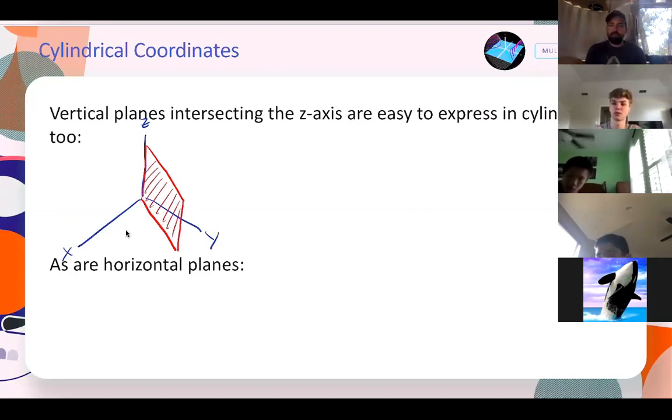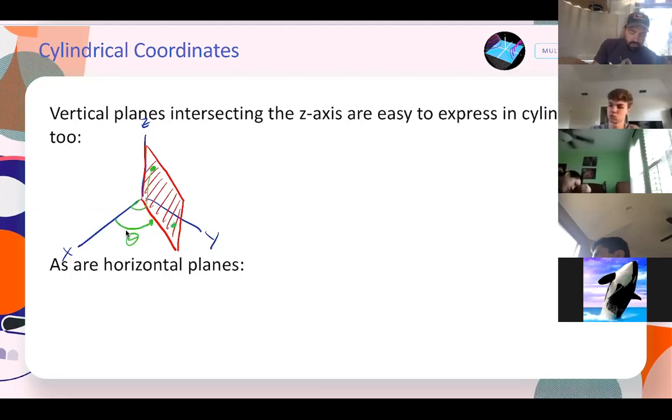Okay, so say we had this vertical plane. That's also fairly easy to express in cylindrical coordinates, because think about every point on the plane has something in common. They share the same theta, right? I could get like here by going some r out, that theta around, and then up a certain z.